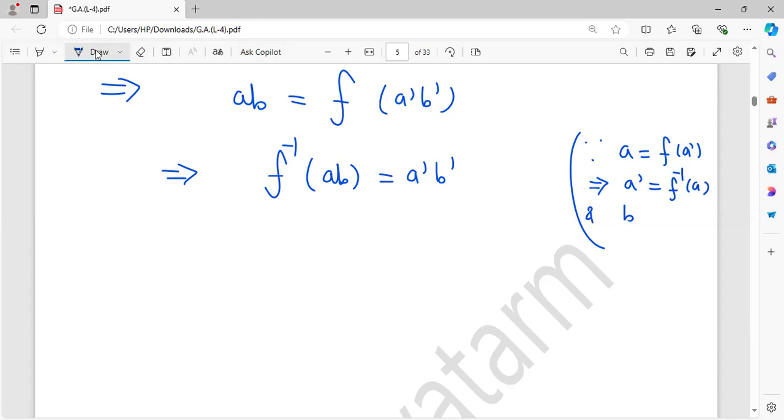And b is f(b dash), so b dash is equal to f inverse of b.